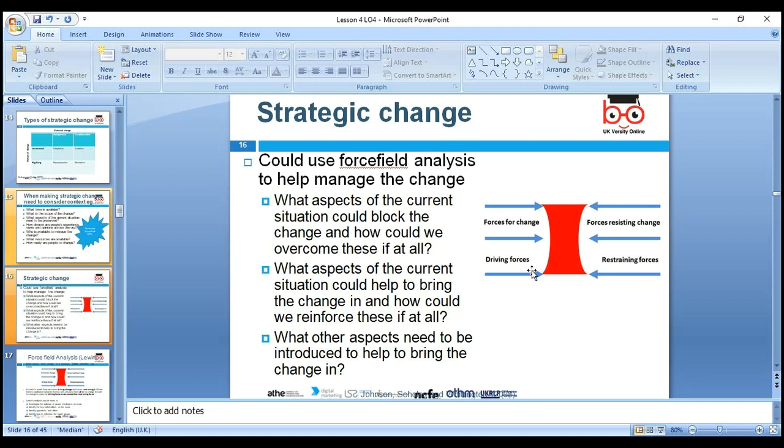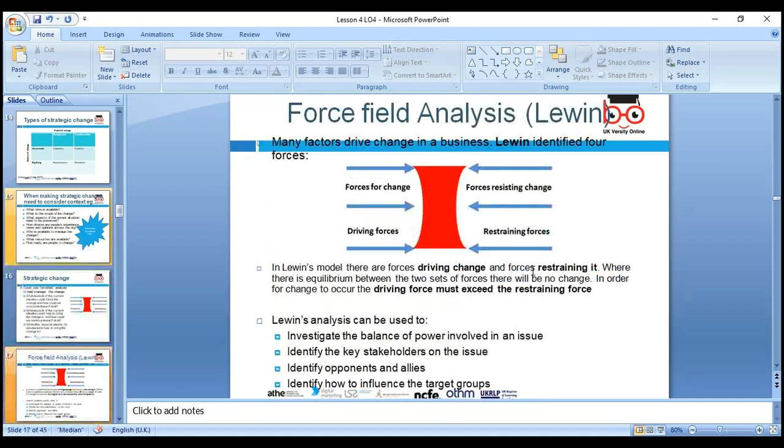We have some motivators and some demotivators. Those who are demotivated don't want to change, so that carries on happening in our organization. What aspects of the current situation could help bring the change? How could we reinforce these, if at all? What other aspects need to be introduced to help bring the change? So we will go through that.